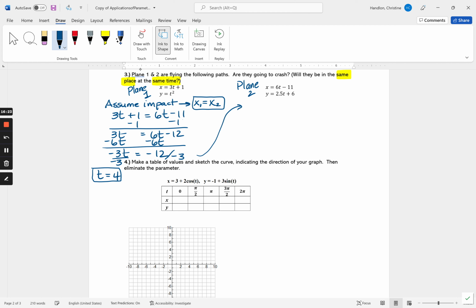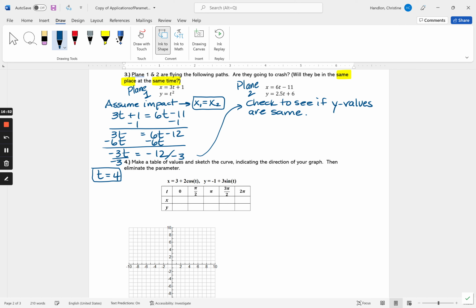So now we need to check to see if y values are the same. If they are, sadly, the planes did crash. If they are not, that means they did not crash, because all the x's, the y's, and the t's have to be identical for the scenario.